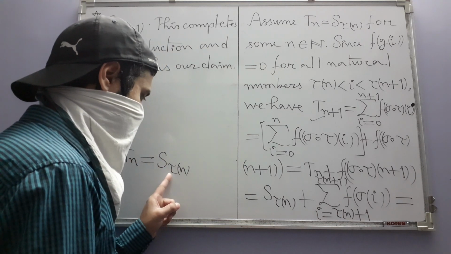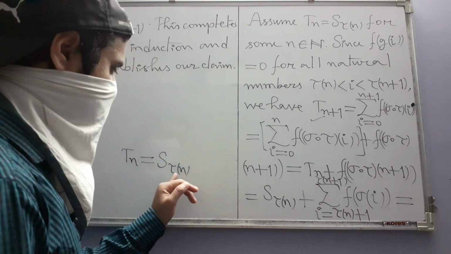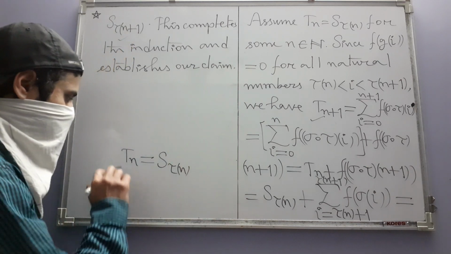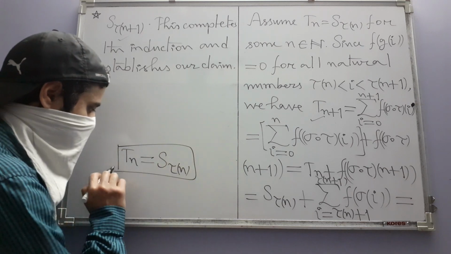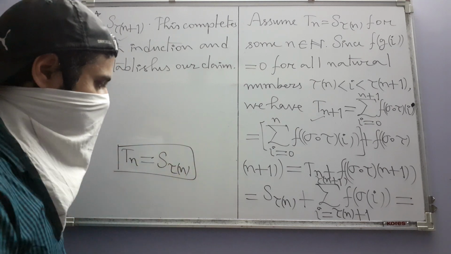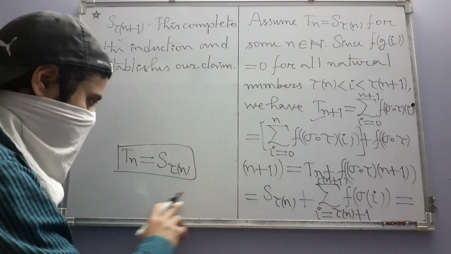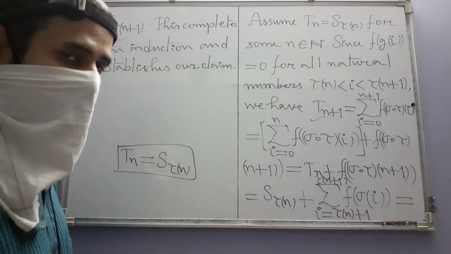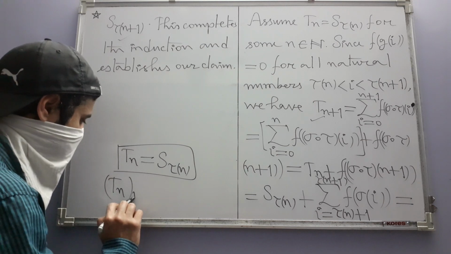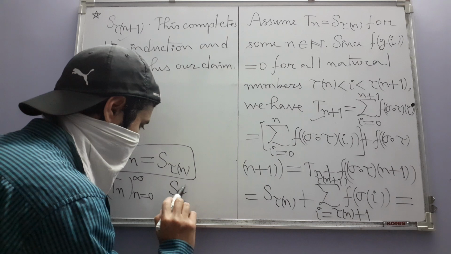Note that our tau is not just a bijection, it is actually an increasing function, and that fact, along with these equations, it's not a single equation of course, there are infinitely many equations when you change the value of n. The fact that tau is increasing and these equations together tell us what? That this is a subsequence of this sequence.